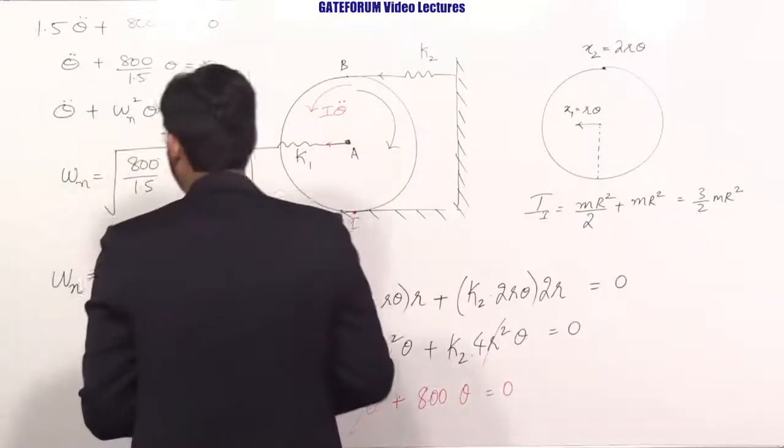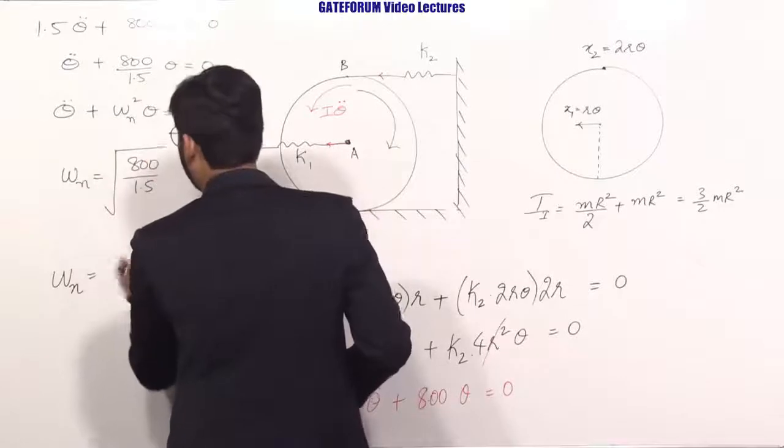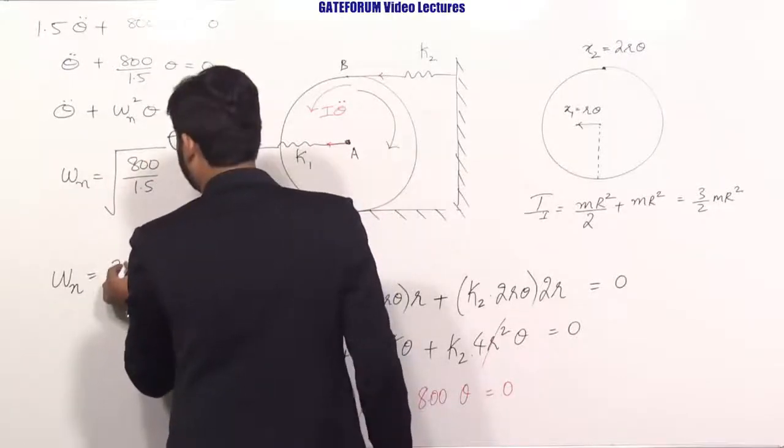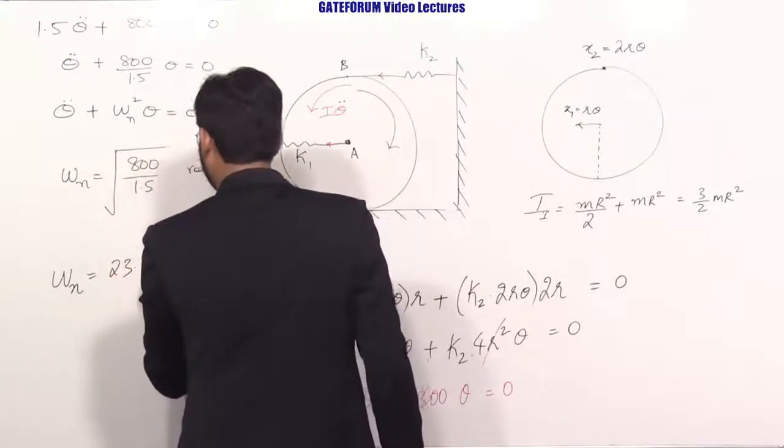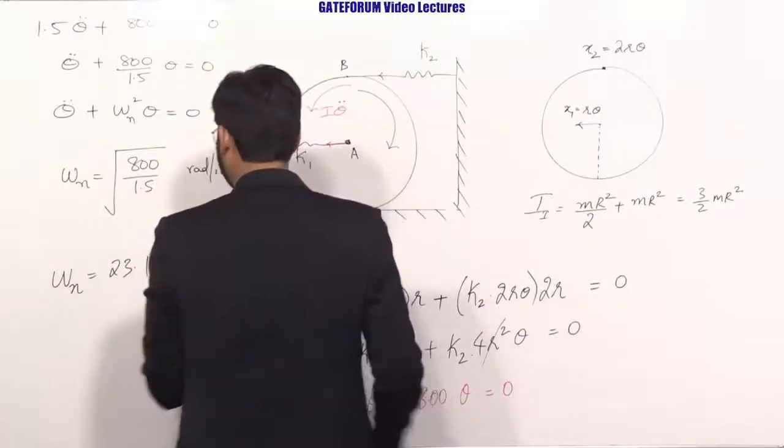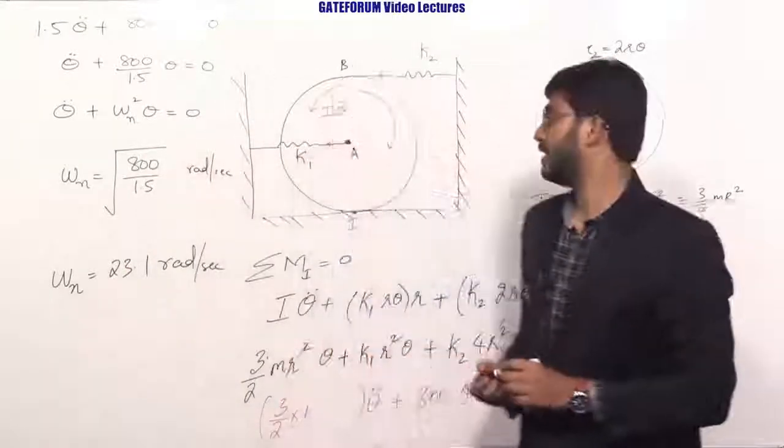So omega n will be approximately 23.1 radian per second. Okay, this is the end of the answer.